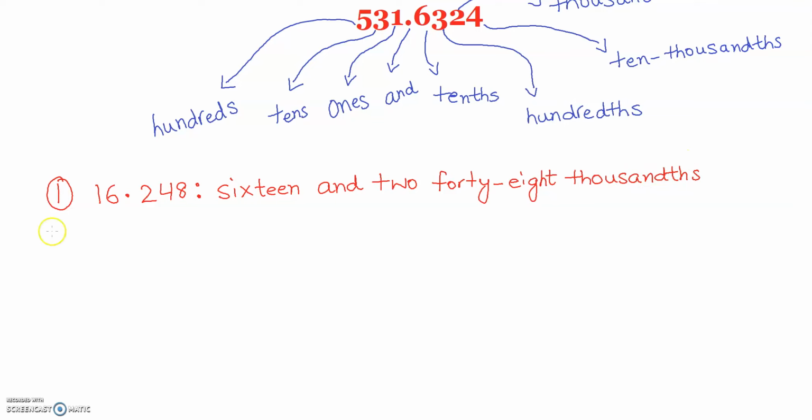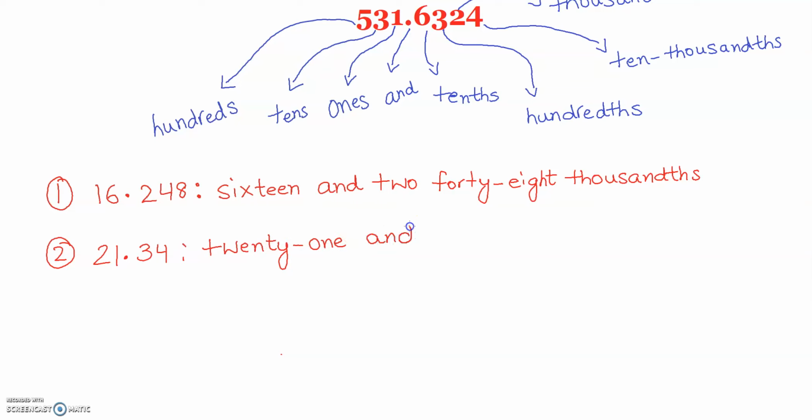Let's look at another example. So let's say 21.34. I will write this as 21 because we are saying it together. I'm going to use a hyphen in the middle, 21. The decimal point is "and."